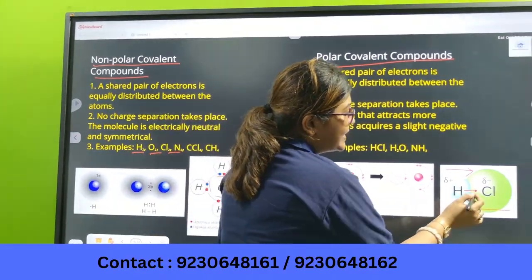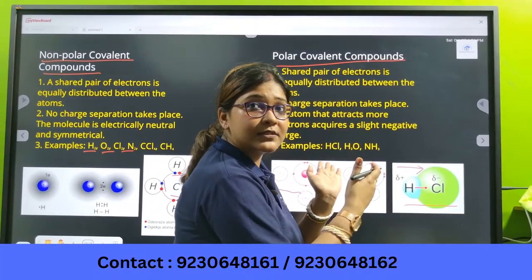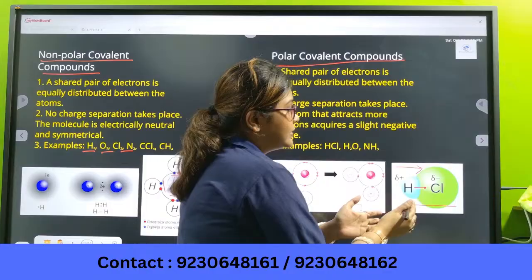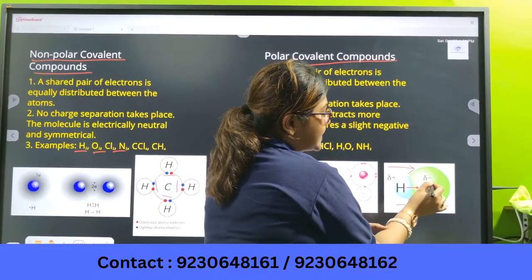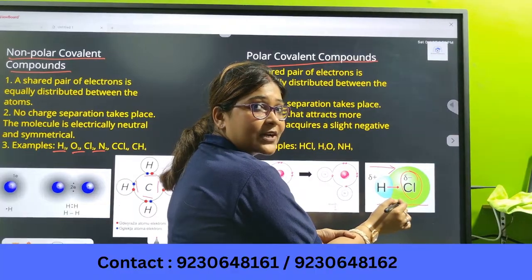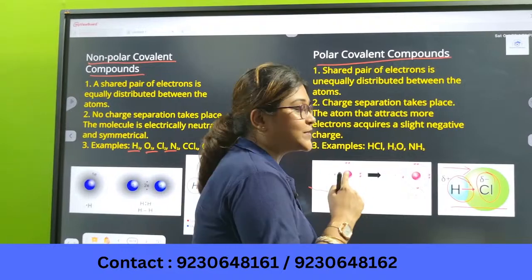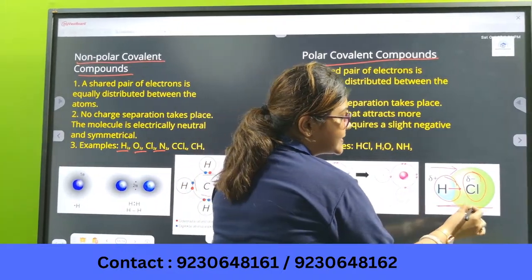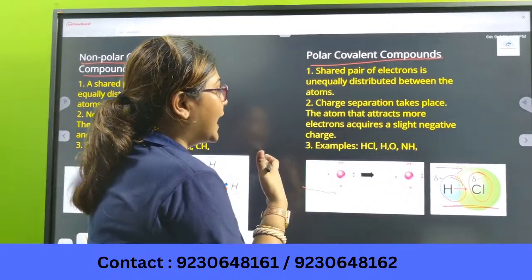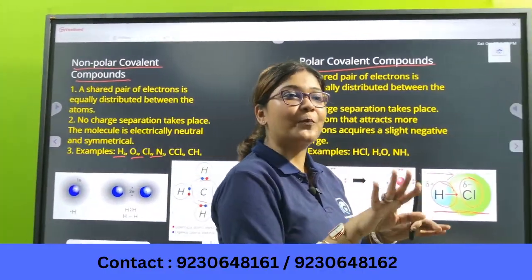So what is happening? The electron density is being attracted towards chlorine. Therefore, this is acquiring a delta negative charge and this is acquiring a delta positive charge, and there is charge separation. Therefore, this is a slight negative and positive charge.